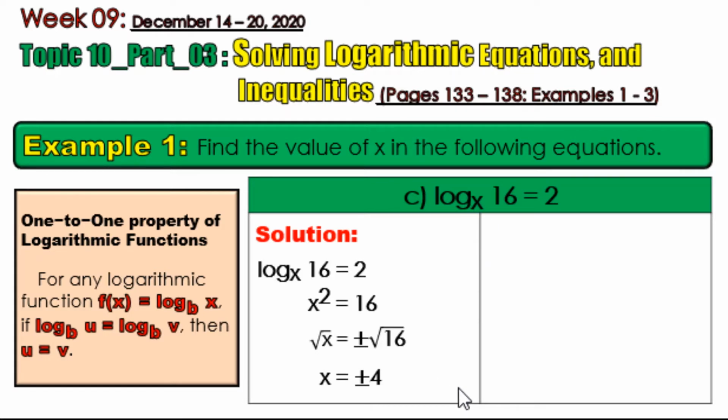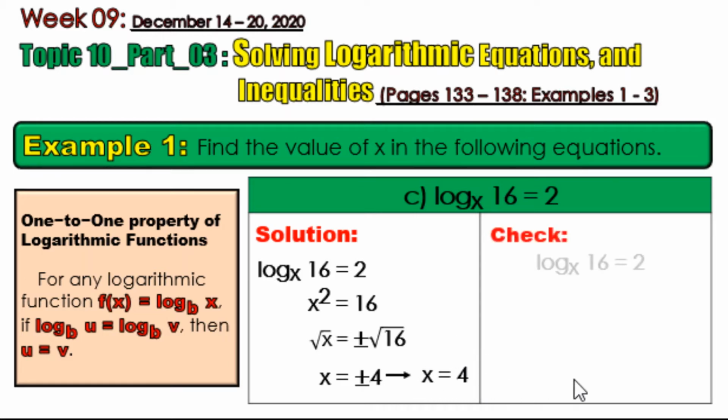So therefore our final value of x is equal to 4. We only take the positive value of x. But we are still not sure that the value of x is 4 unless we check.